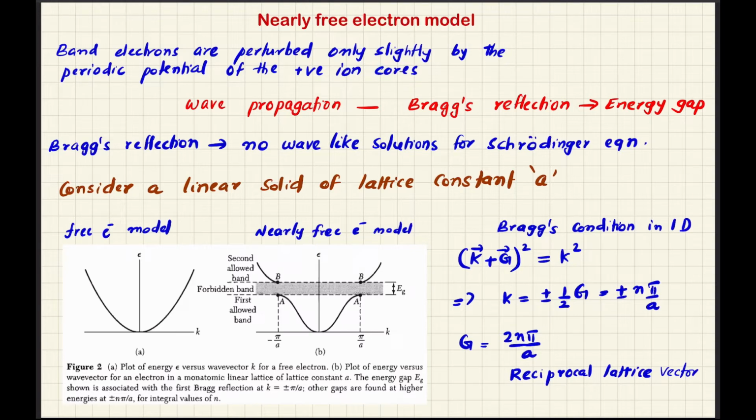Regarding wave propagation, an important characteristic is Bragg's reflection, and this Bragg reflection causes an energy gap in the metal according to the nearly free electron model. When Bragg's reflection occurs, there is only a standing wave pattern. There are no propagating wave solutions for the Schrodinger equation.